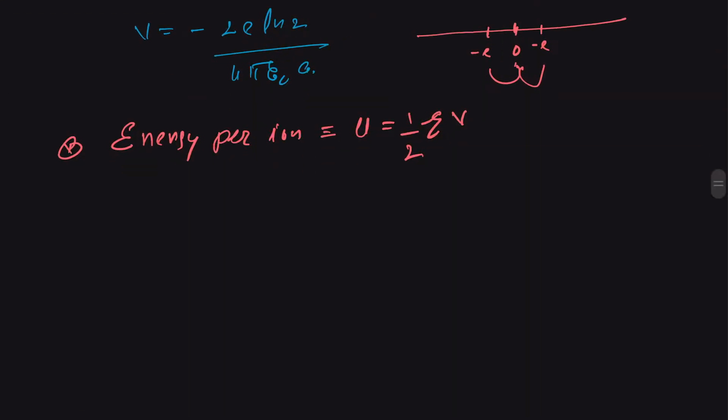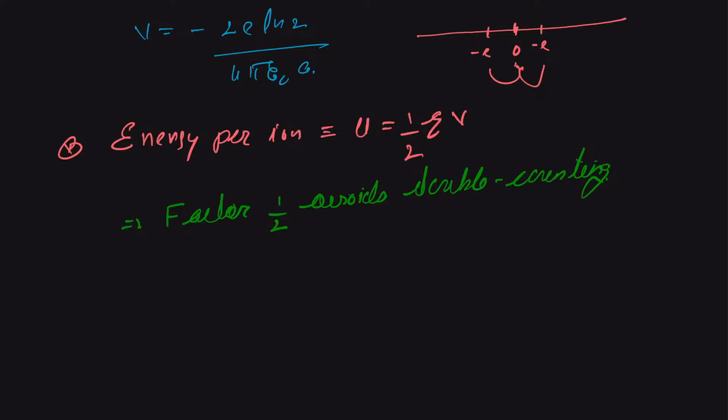So this is important here. So we can say that this factor half avoids double counting interaction.